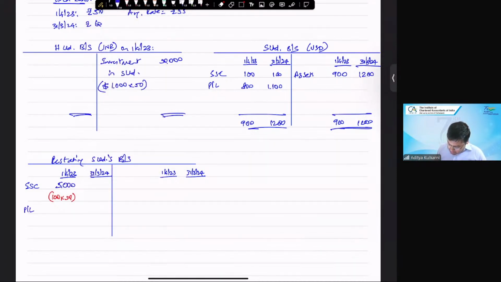And this is P and L. So this is going to be 800 into 50. So 4,000. Do you agree with this?